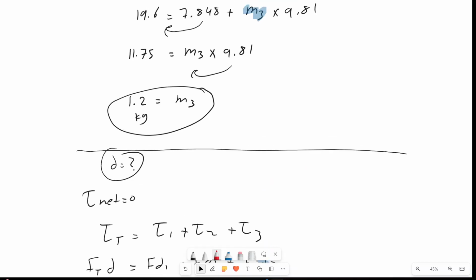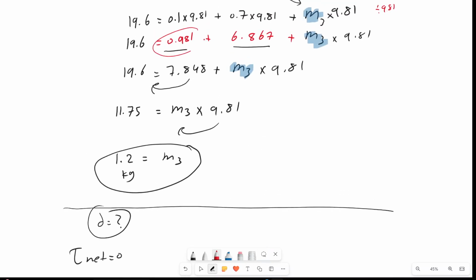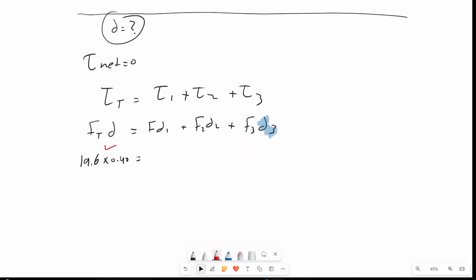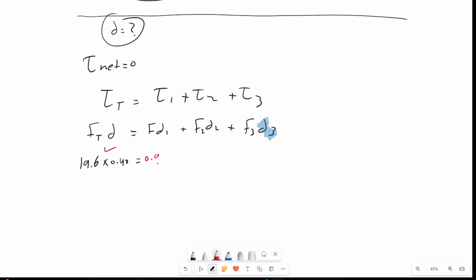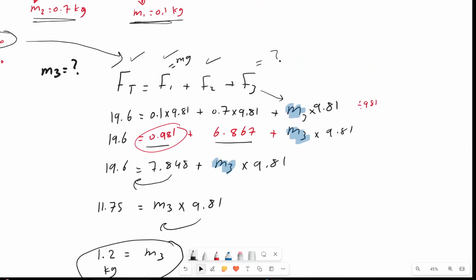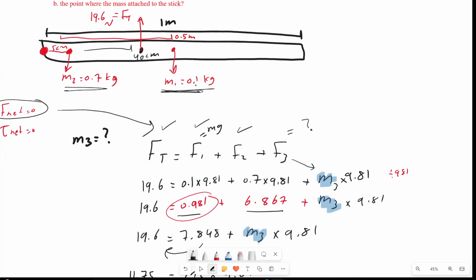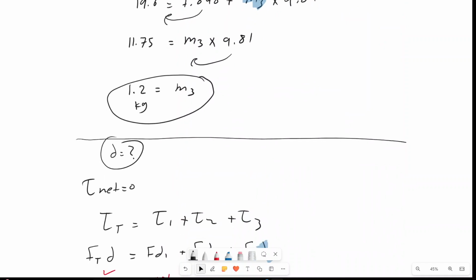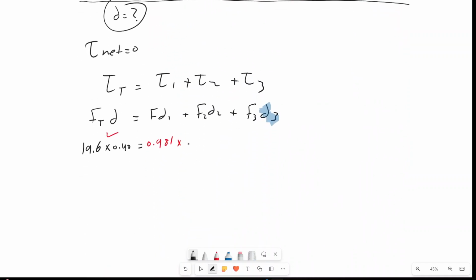First force equal to 0.981, that was F1, multiplied by first distance. That was from the board, from mass 1, the distance was exactly in the middle, so 0.5. So D1 will be 0.5.